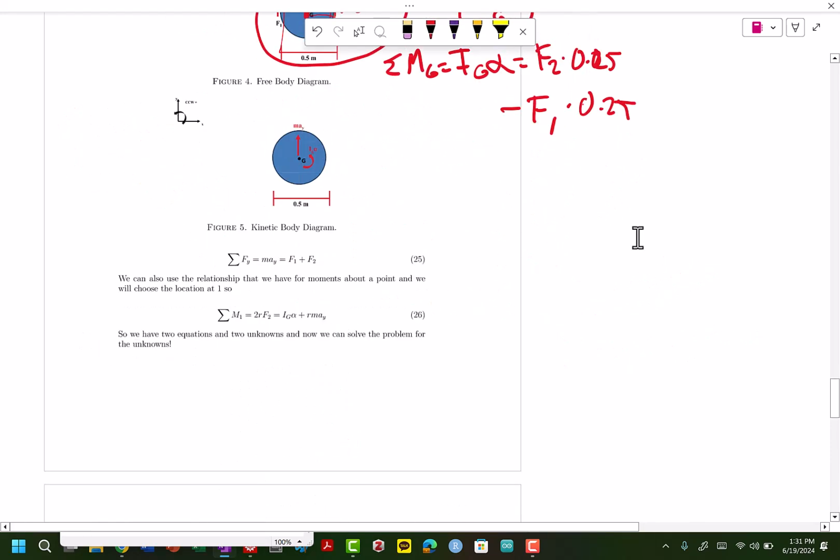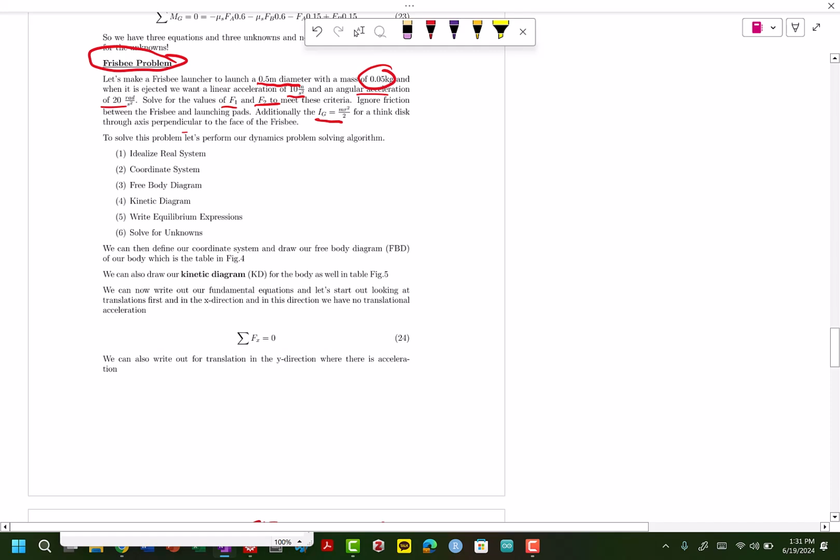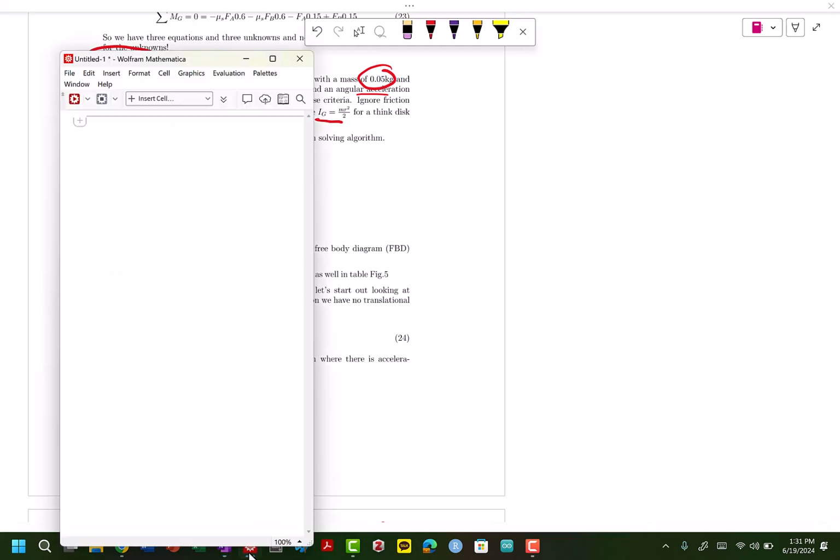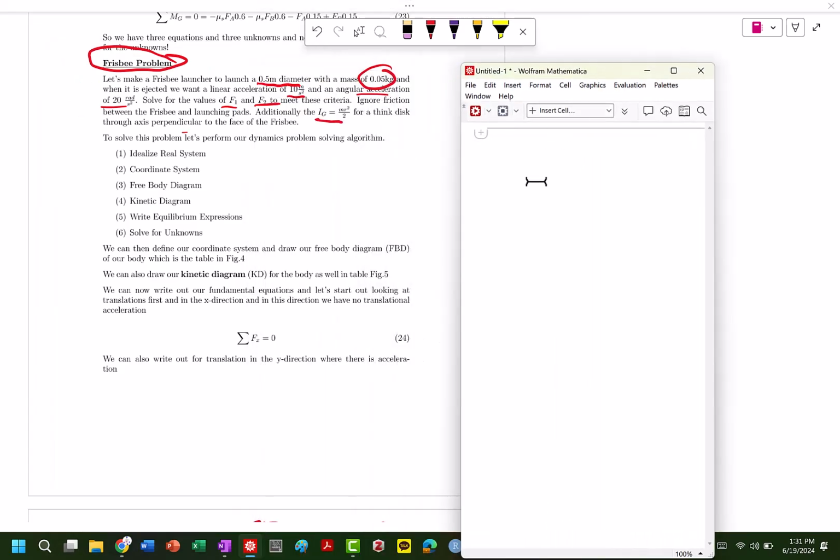So let's define some values first, and let's get going in Mathematica to solve this problem. Our mass equals 0.05. We don't need the diameter here, so AY is equal to 10 meters per second squared. Our angular acceleration, alpha, is going to be equal to 20.